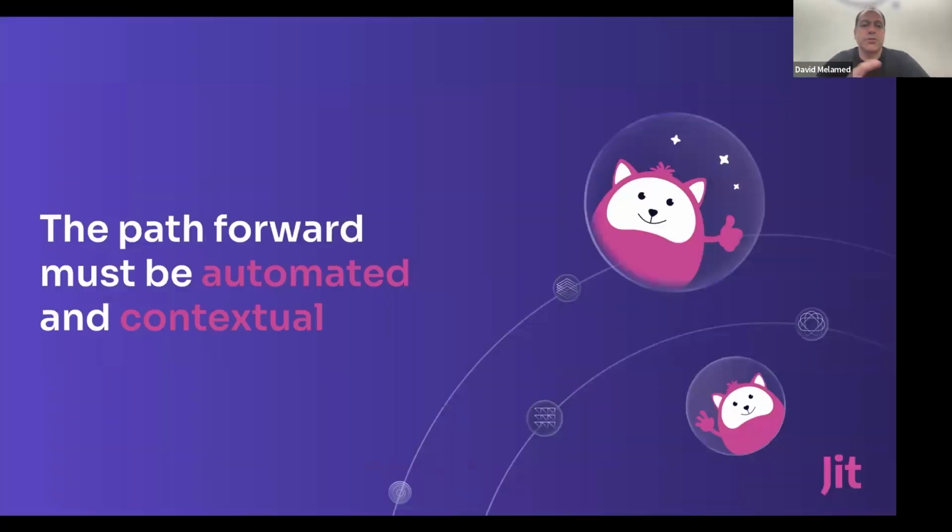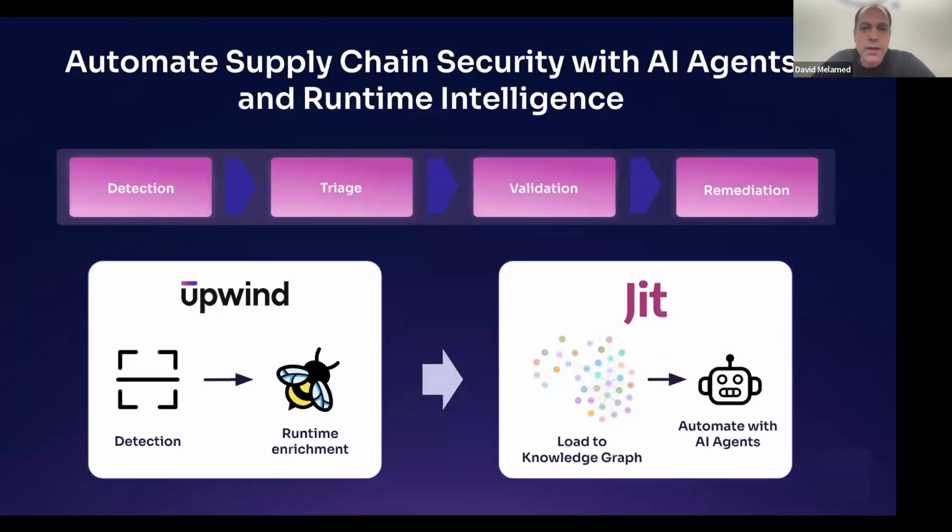So this is what we want to propose to you right now: to present you the path forward with automation and context in mind. Basically, we joined forces, Upwind and Jit, and we're proposing a solution that streamlines the way you can manage your supply chain risk by, first of all, ensuring with Upwind that you only deal with the packages that are loaded in memory using eBPF.